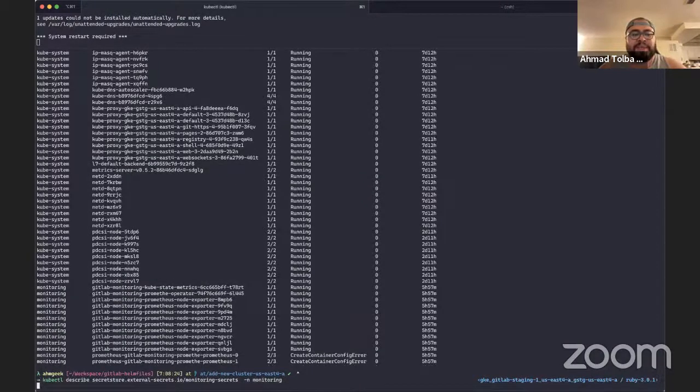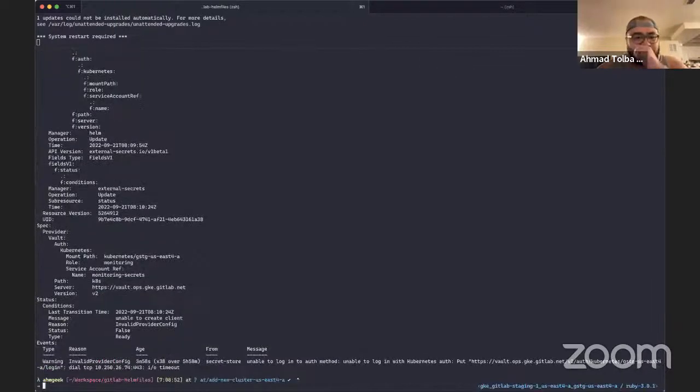Basically, we have Vault as a centralized secret management, and the endpoint that we talk to is an internal endpoint. So the syncing cannot happen at the moment.